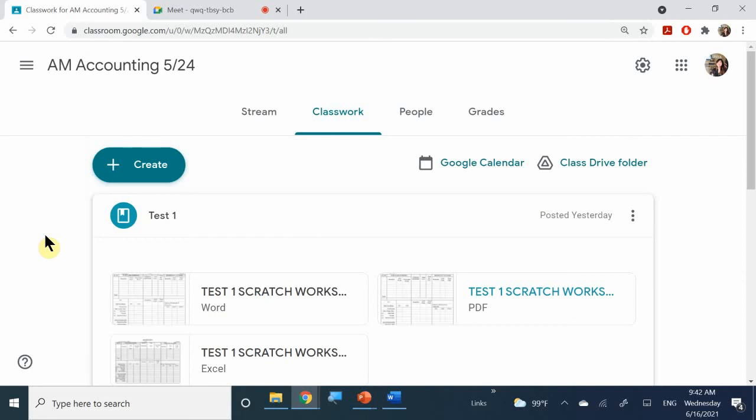Every question has an answer, okay? There's not going to be a free response answer where you have to type it in. All the answers are there. It's just the fact that you have to know the answer to be able to answer it correctly, okay?